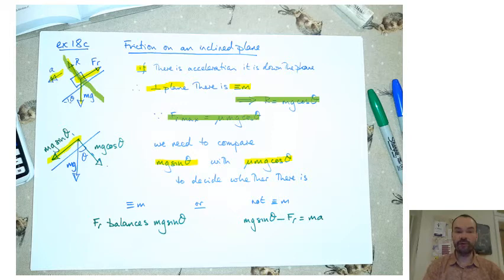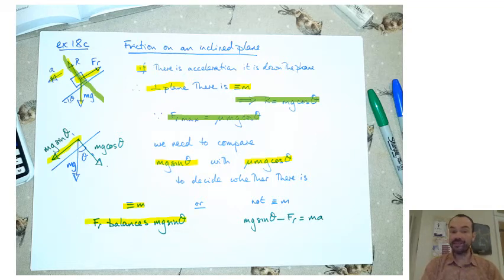If we find that the mg sine theta is less than the maximum frictional force, we're going to get equilibrium. And in that case, friction balances mg sine theta. Okay, friction doesn't take its maximum value unless mg sine theta is the maximum that friction will be. So friction only balances mg sine theta.